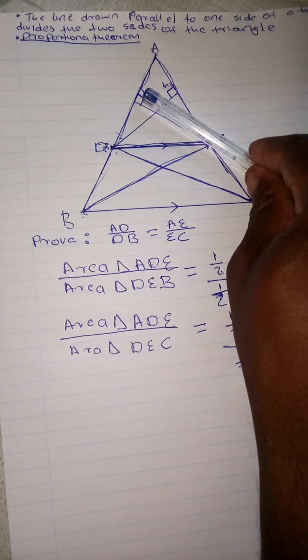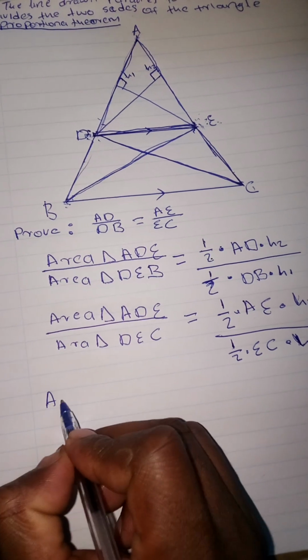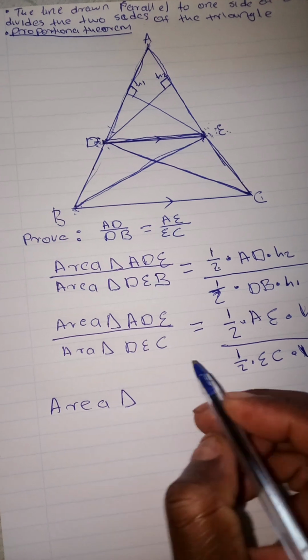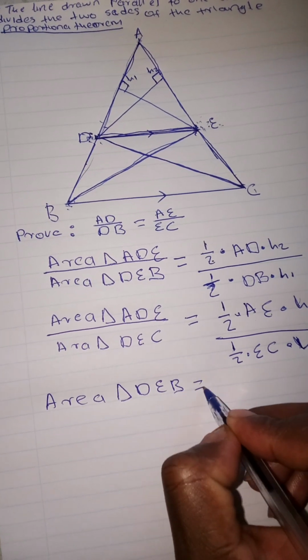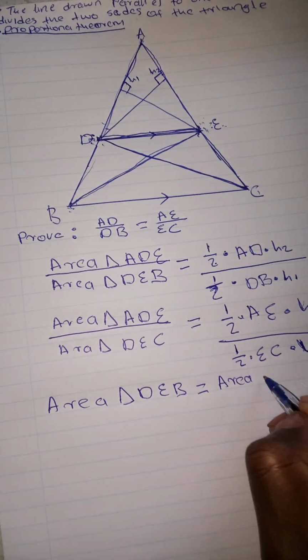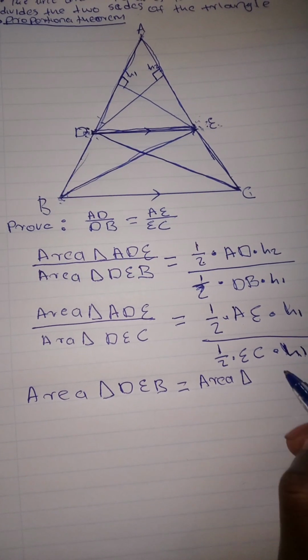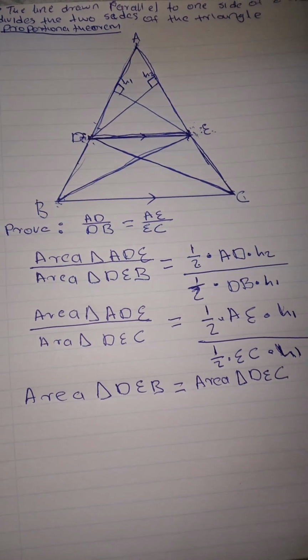The area of triangle DEB is equal to the area of triangle DEC.